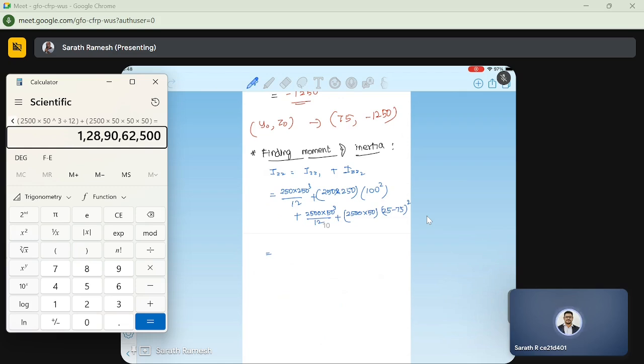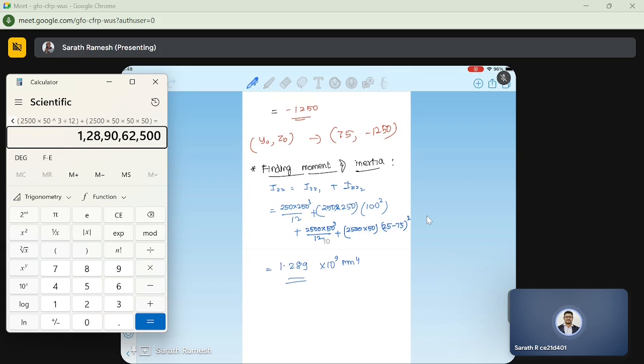Okay, so we are getting 1.289 into 10 to the power 9 mm to the 4. So this is the moment of inertia about the ZZ axis, about the centroid of the cross section.